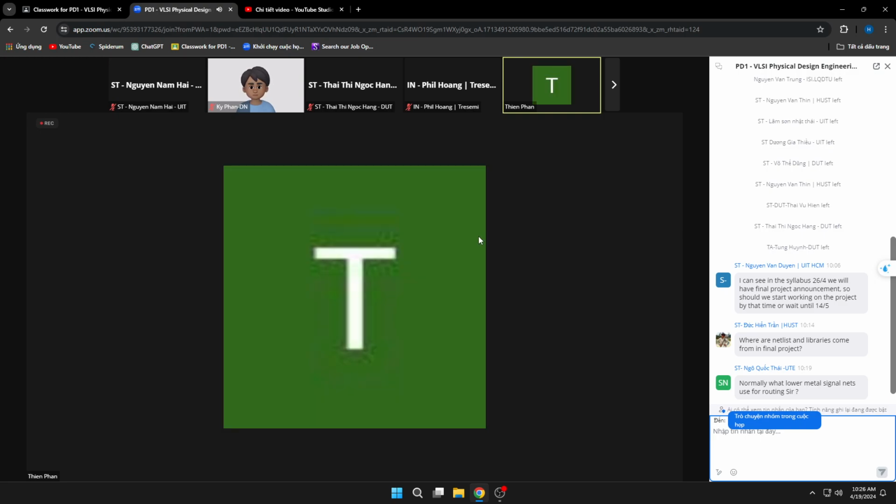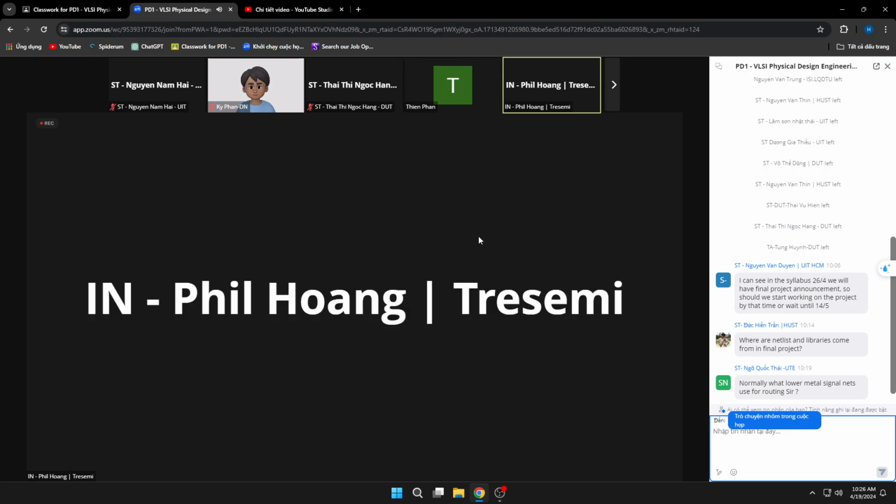Right. So for me, usually I wait until detail route, and we do the timing optimization, or post route optimization, after detail route. But the tool does look at timing during global route as well.